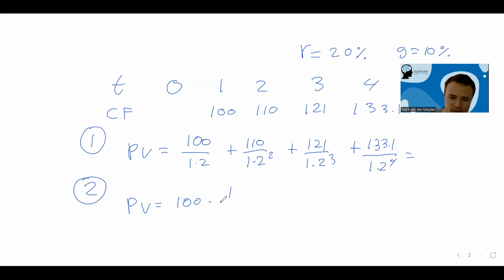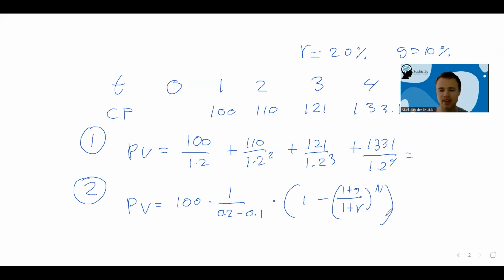Then you do divided by R minus G. The R is 0.2 and the G is 0.1. Then you do 1 minus, and then you do a fraction with 1 plus G divided by 1 plus R with the power of N.